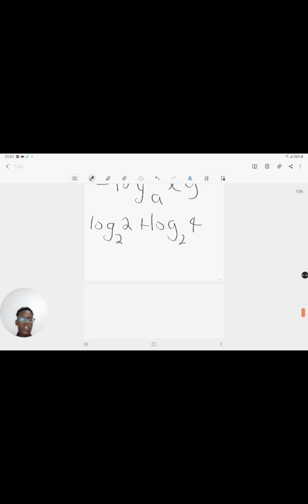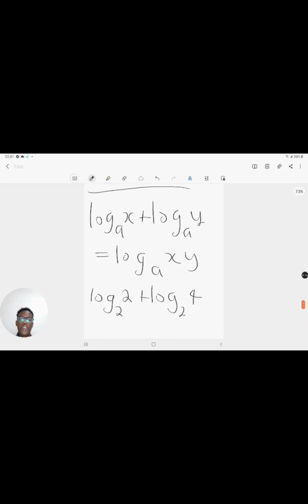Well, according to this law, if the bases are the same, then you can multiply these two numbers together and use the same log for the product. So you multiply the two numbers together, this is x and y, and then you use the same log for the product. So what does this mean for this example here?